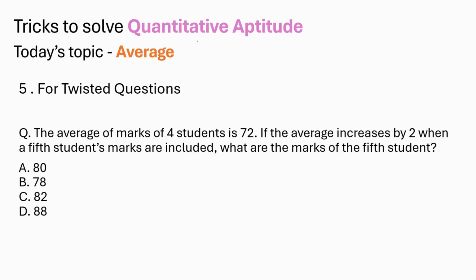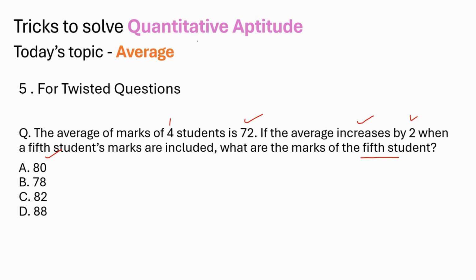Next question: the average of marks of 4 students is 72. If the average increases by 2 when a fifth student's marks are included, what are the marks of the fifth student? So the average of 4 students is 72, then the average increases when we add another student. Let's use the very basic formula.